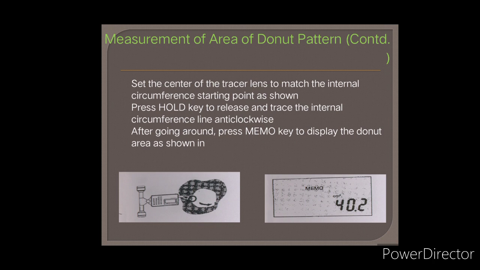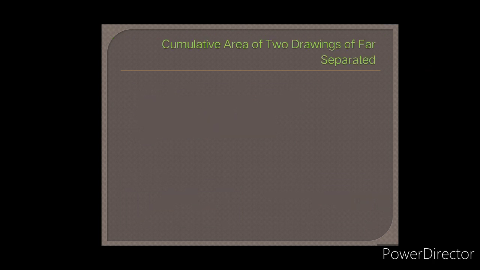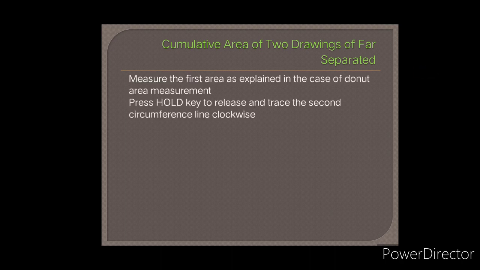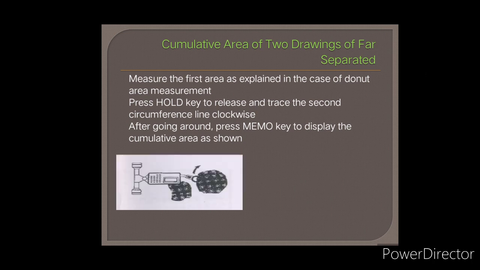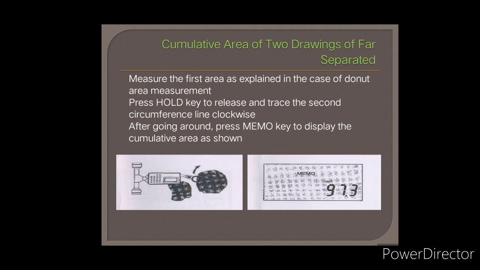In a similar way, the same method that we have done: select the starting point, clockwise direction, and press the hold key. Going for another area, again run in the clockwise direction only, because only for donut-like areas, for deductions, you are supposed to go anti-clockwise.